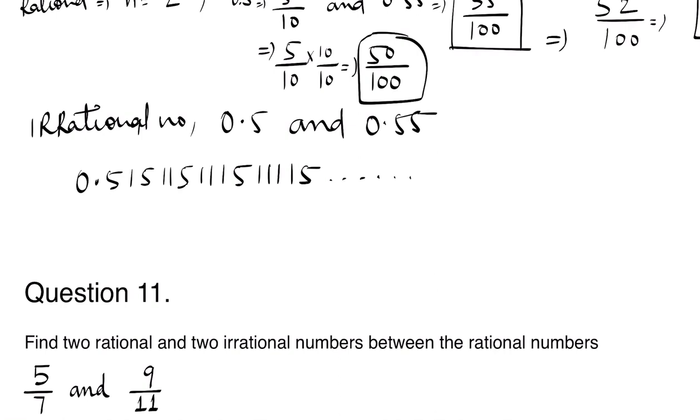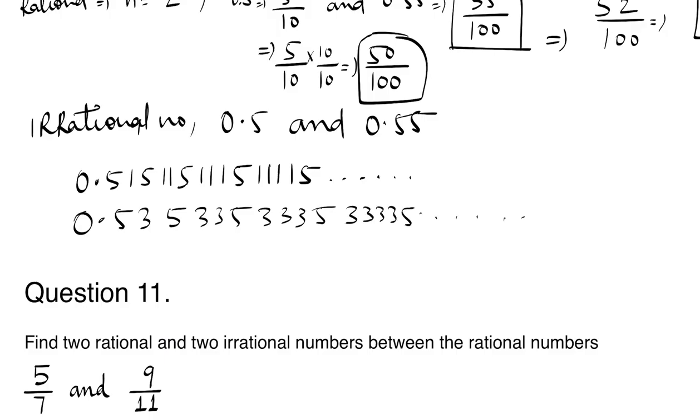Okay, these are non-terminating and non-repeating decimal numbers. Okay, and another may be 0.535335333533335.